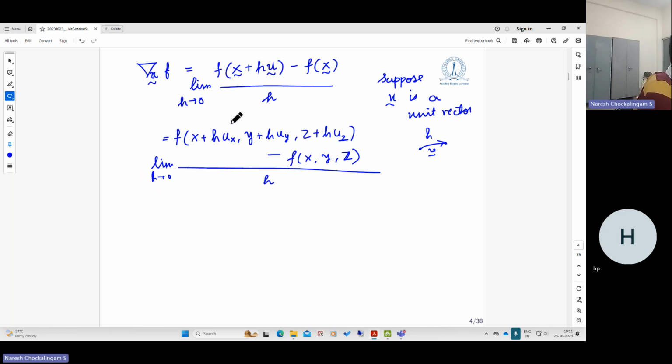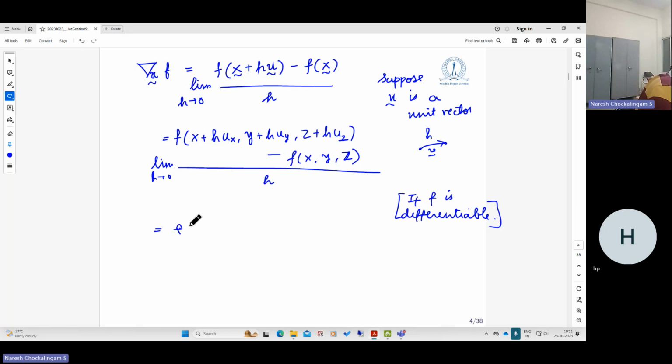Using Taylor series, you can expand the first term, if f is a differentiable function. What do you get?